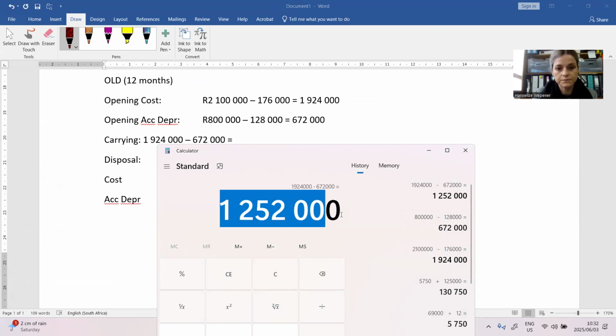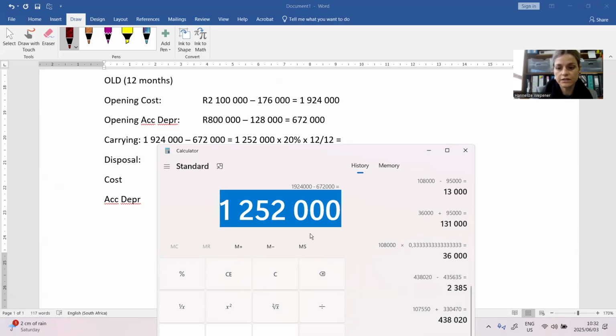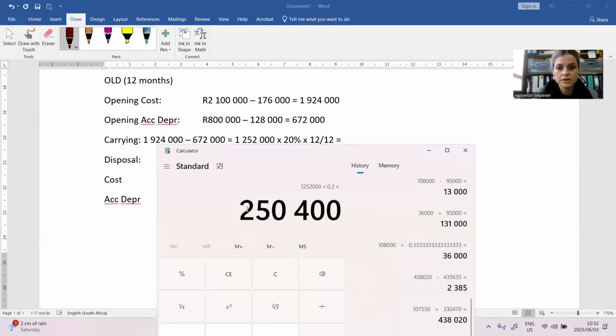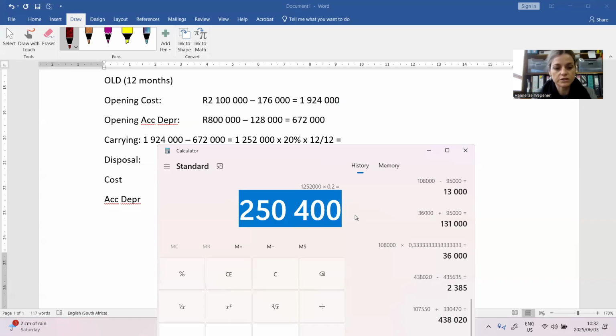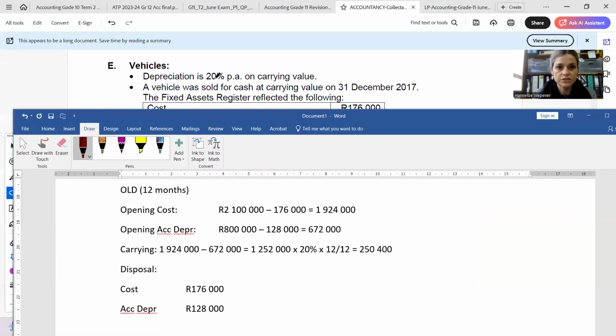So there we go, 1,252. That is our carrying value. So that is the value that we will use to calculate depreciation on the assets that we own for the full financial year. So times 20%. So 250,400. Right? Because they said it is at 20% using carrying value.